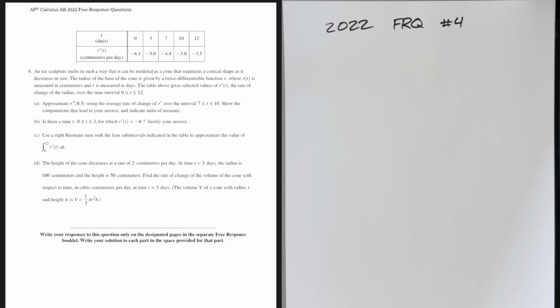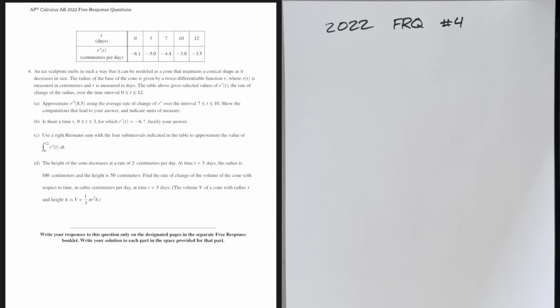So let's dive into the question together. We got this table, and it's time versus r prime of t, which is centimeters per day. So it's some rate, right? It says an ice sculpture melts in such a way that it can be modeled as a cone that maintains a conical shape as it decreases in size.